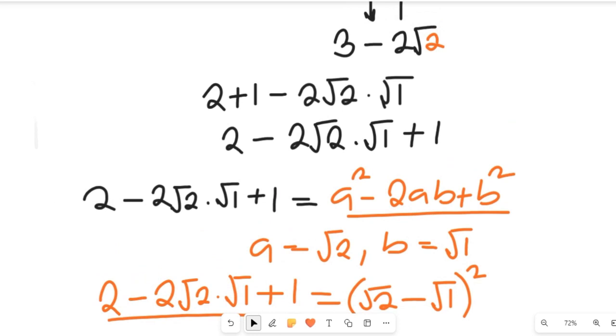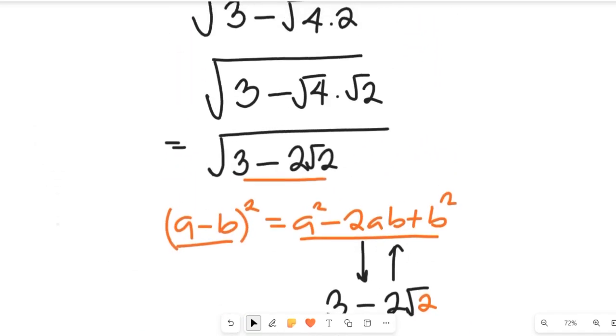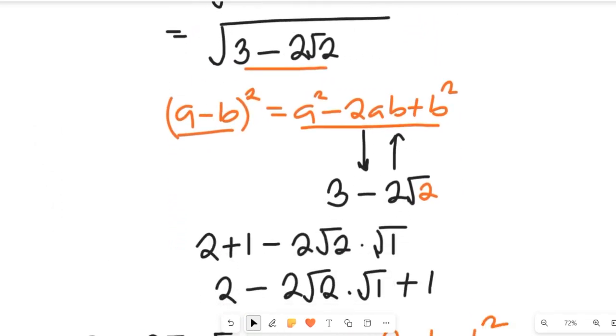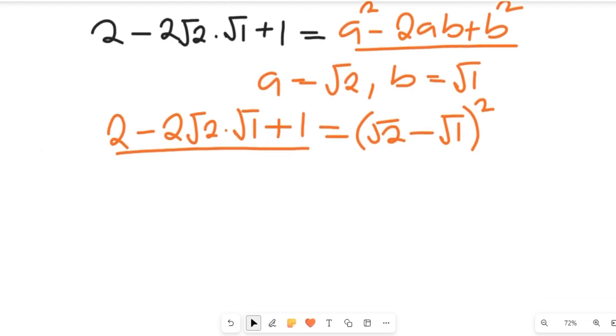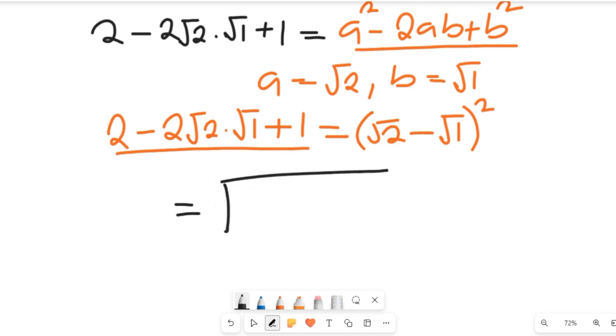we can take this back to where it was before by putting the initial square root. Remember the general square root, we neglected the general square root. So the solution will be the whole square root of the square root of 2 minus the square root of 1 all squared, right?